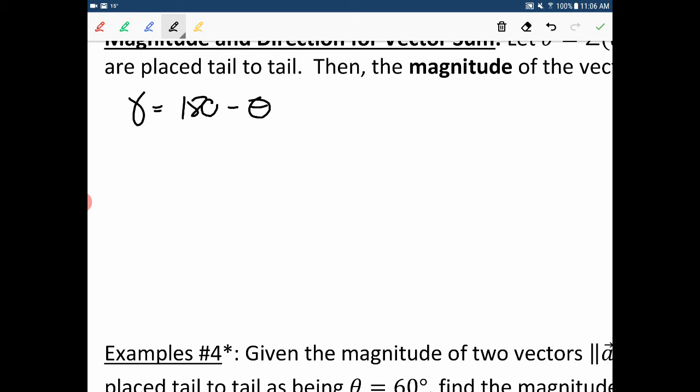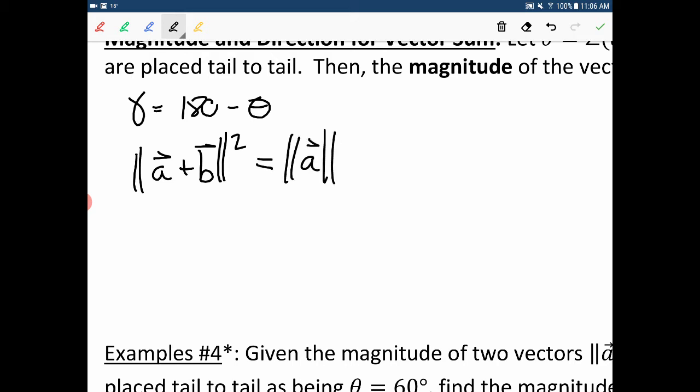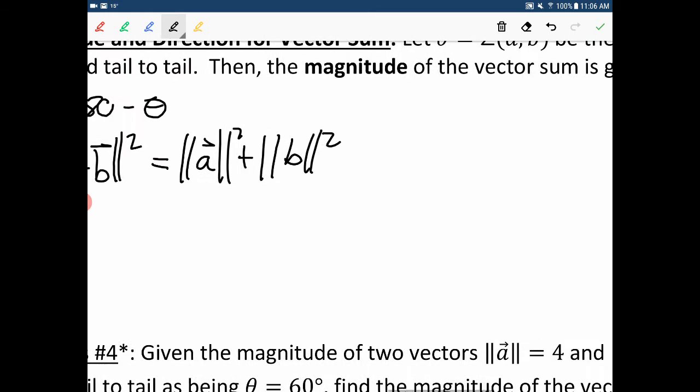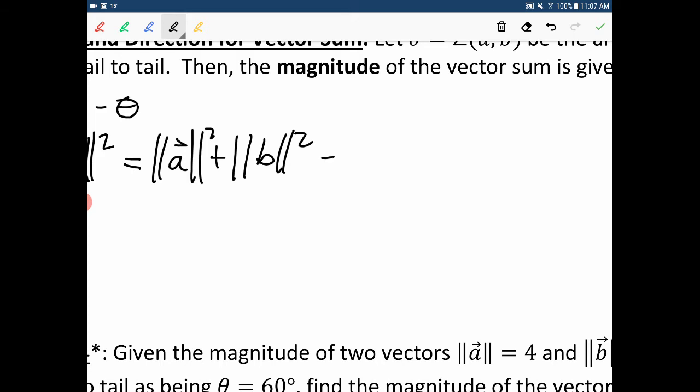So the formula that we create, because it is just a triangle, we can just use the cosine law, and we can say that the magnitude of a plus b squared is equal to the magnitude of a squared plus the magnitude of b squared. There's a good chance you're going to miss one of these squareds at some point.